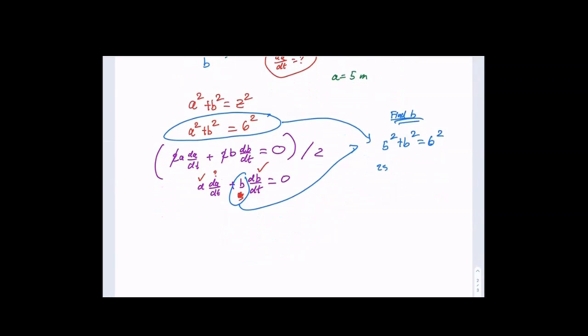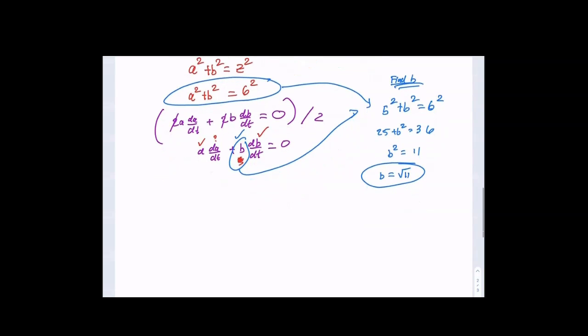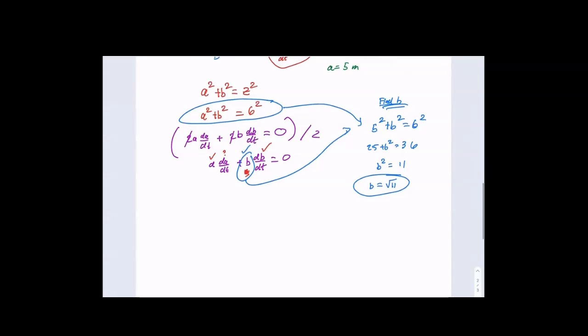So that gives me 25 plus B squared equals 36, so B squared is equal to 11. So B is equal to the square root of 11. And since it's an application, there's no plus or minus needed here because it's a length. So B is the square root of 11, and now I have that information. All right, what do I do to finish this problem?